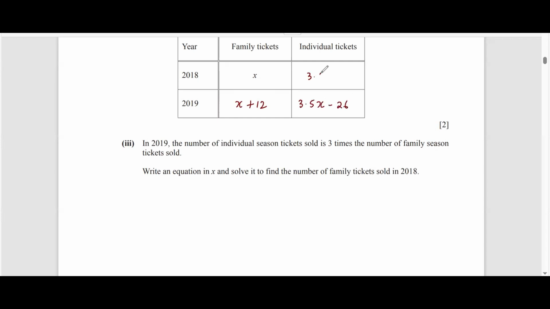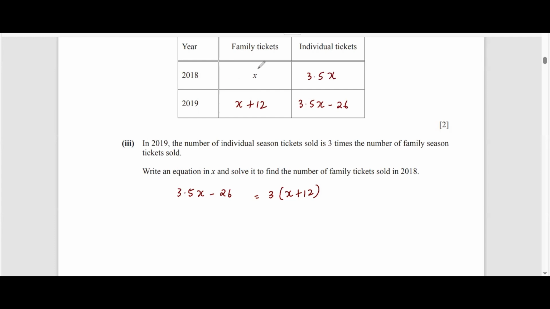So in 2019, the number of individual season tickets, 3.5x minus 26, is 3 times the number of family tickets. So 3 times number of family tickets in 2019 is X plus 12. Write an equation in X and solve it. We wrote the equation in terms of X. Solve it to find the number of family tickets sold in 2018.